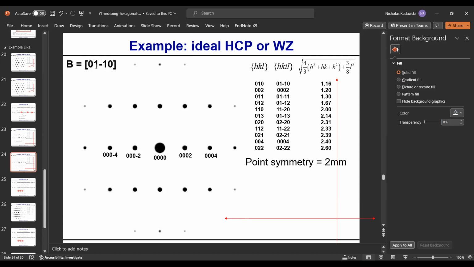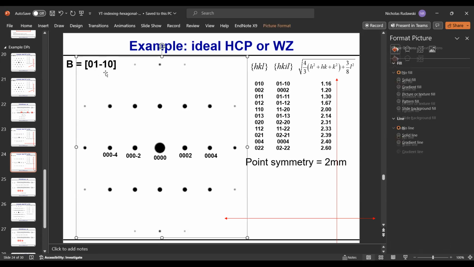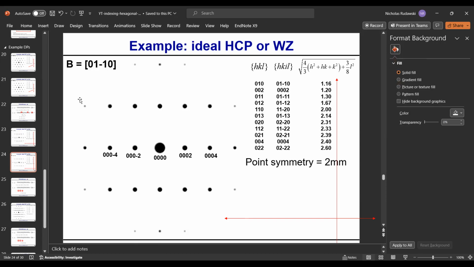Unfortunately, it's not as simple as just dropping the third index. So for the first index, we do u prime minus t prime, so we end up with -1.